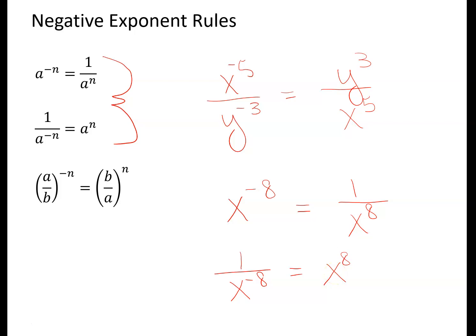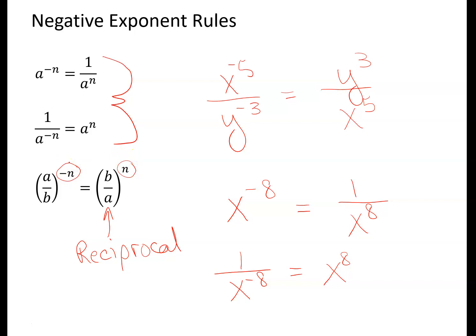And this other rule that you see on this slide says if you have a fraction with a negative exponent, you're going to take the reciprocal. We studied that word when we were dividing fractions. Reciprocal. So you take the reciprocal of the fraction, and that's going to change the sign on the exponent.